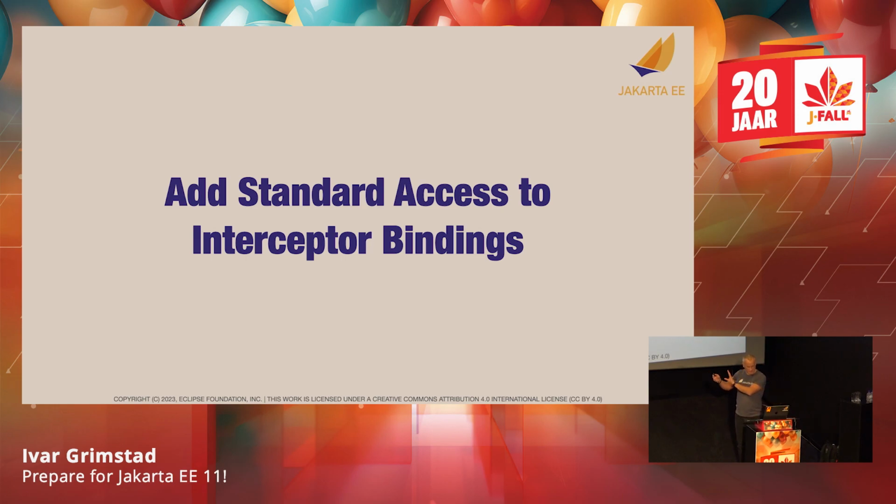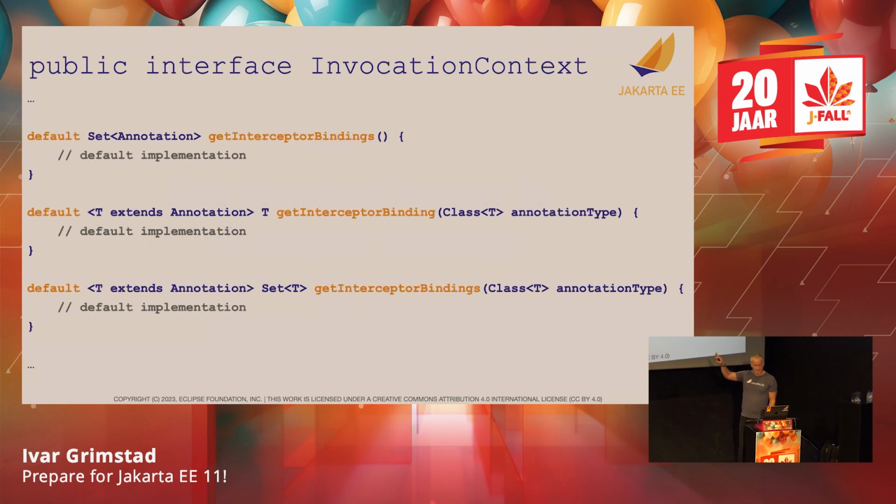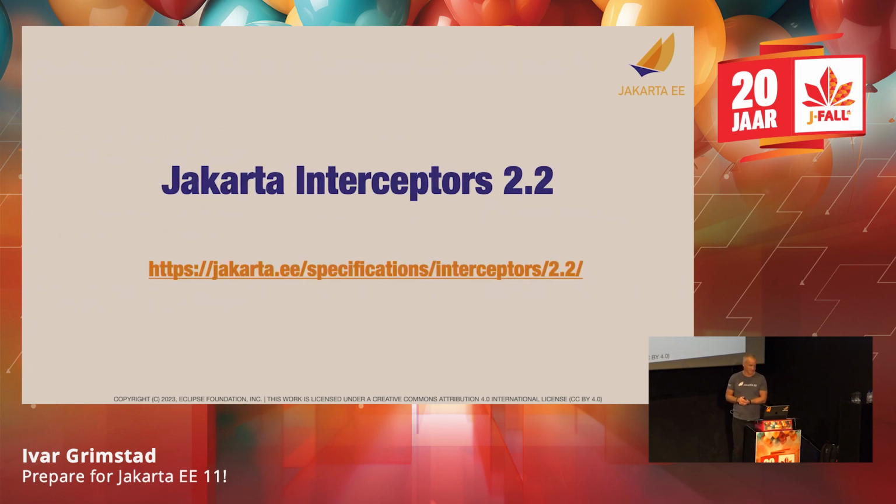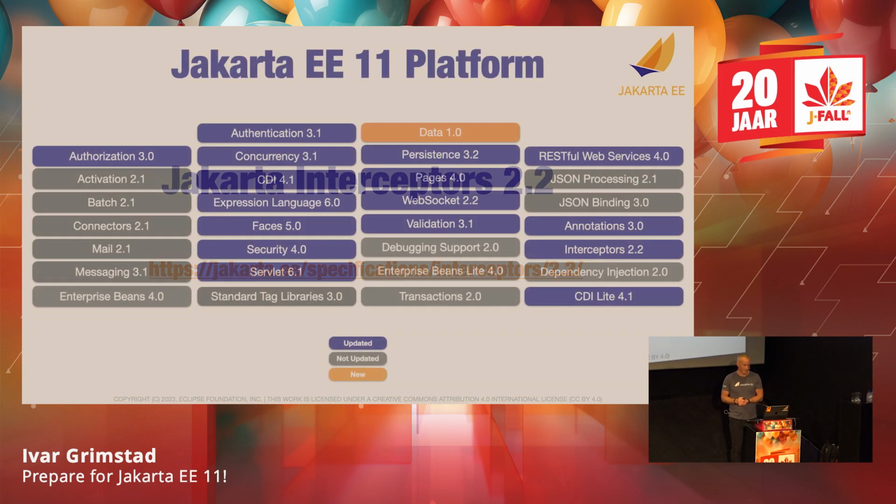This gets kind of under the cover technical. I've never used any of this stuff, but they're adding some default methods on the InvocationContext interface, which is very useful for the other specifications. I think the security specifications are using this very heavily for the interceptors to the security calls. So this is kind of for those more interested in what's going on behind the scenes, but they are important as well.